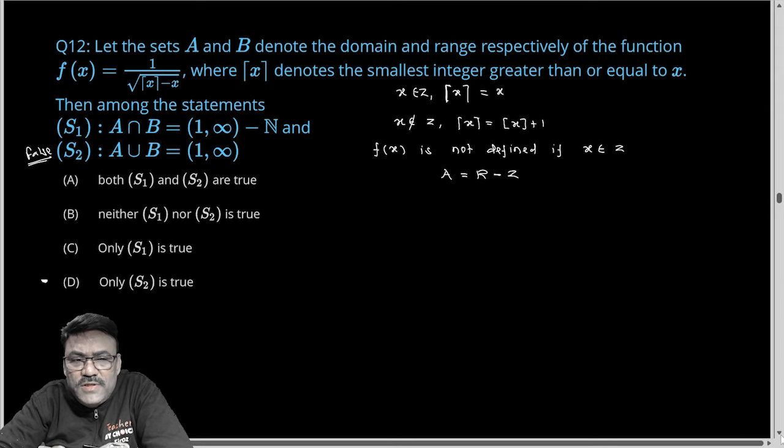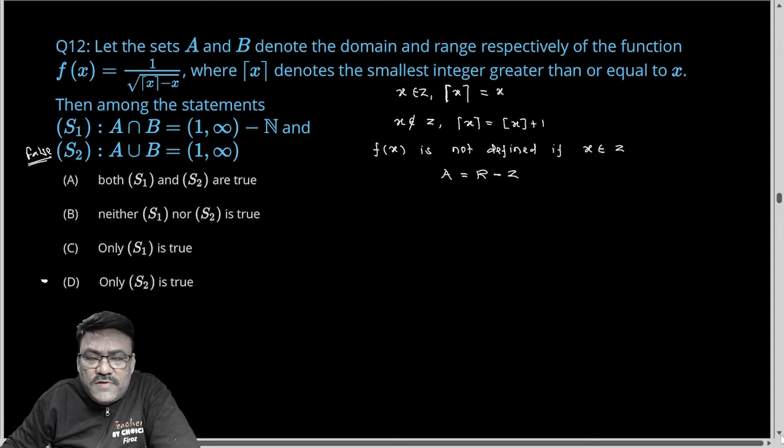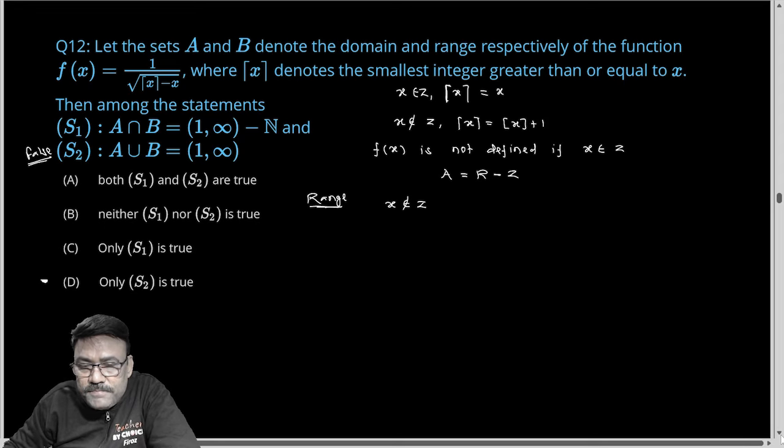Now I have to get S1. S1 means I have to get the range of the function. So let's get the range. At integers your function is not defined. So your function is defined only when x is not an integer.